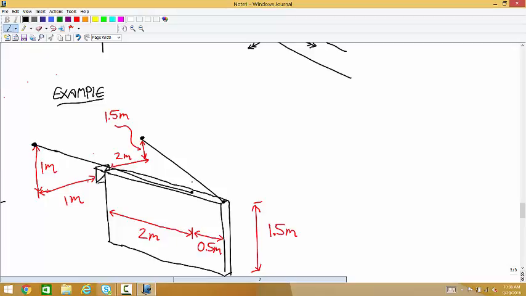So I'm going to label these points C, where that left cable is attached, and D, where the right cable is attached. And E, I'm going to call the center of mass. And then the wall connections are A on the left and B on the right.